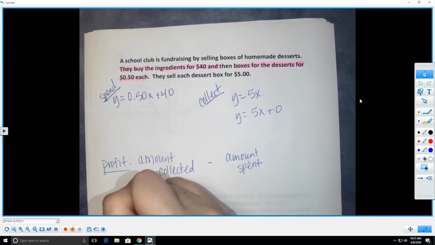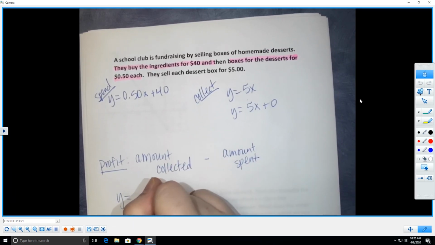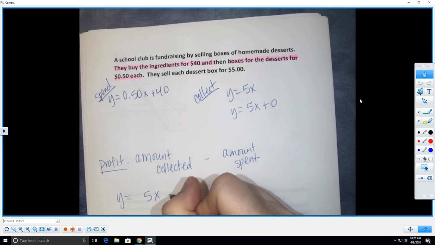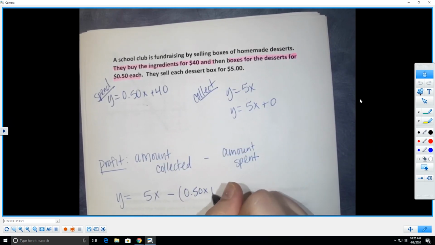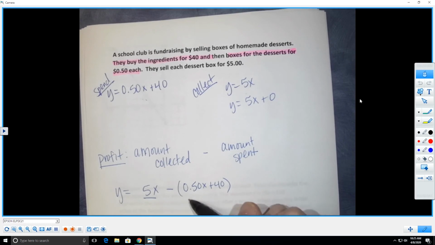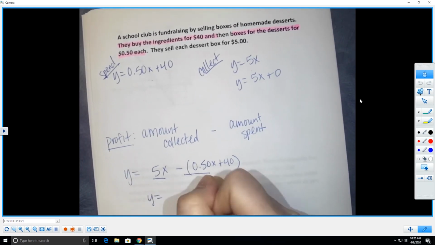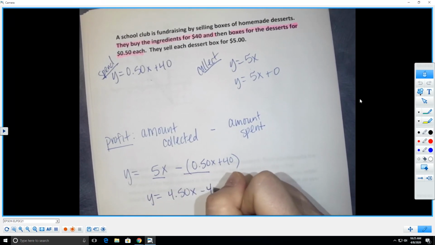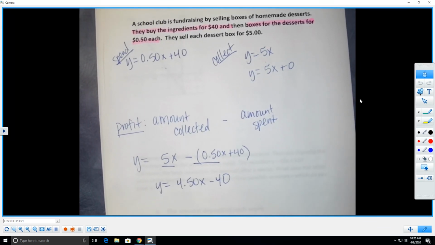We know that the amount collected is 5x minus the amount spent, which is 0.5x plus 40. Now we can simplify the equation by subtracting these, and we get y equals 4.50x minus 40.